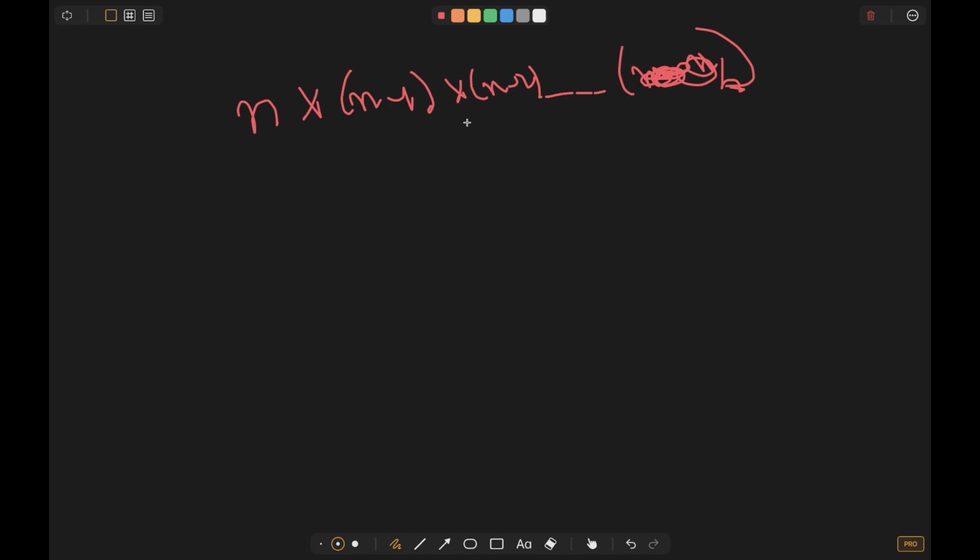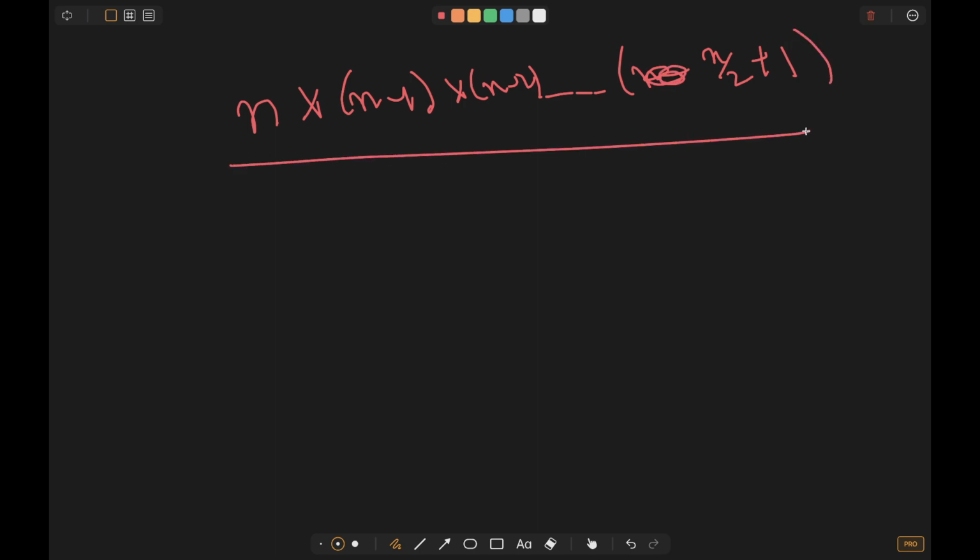So you want to learn a little bit of modular arithmetic, and it is like this. So n minus n by 2 plus 1. So this is this value, and then here it is n by 2 multiplied by n by 2 minus 1, and so on.